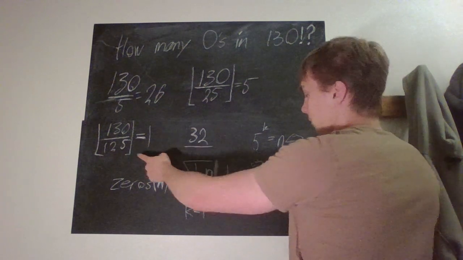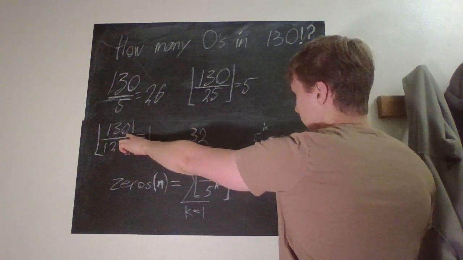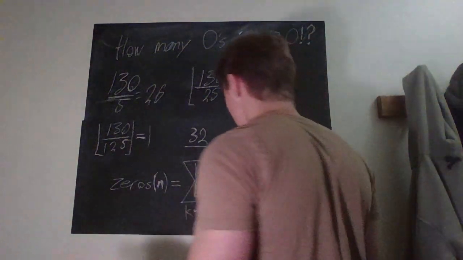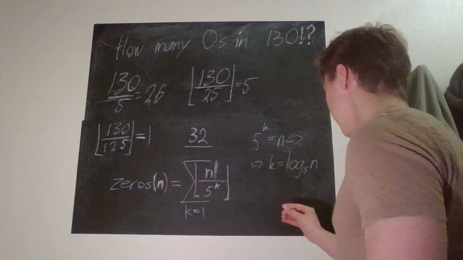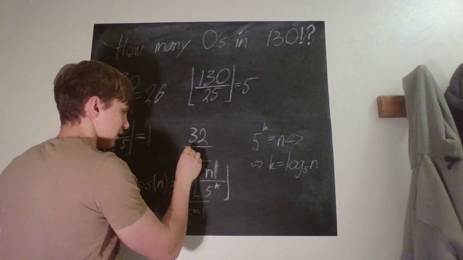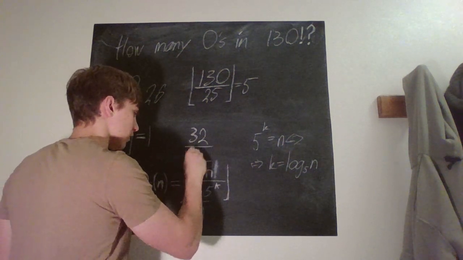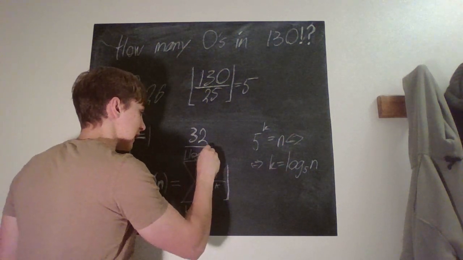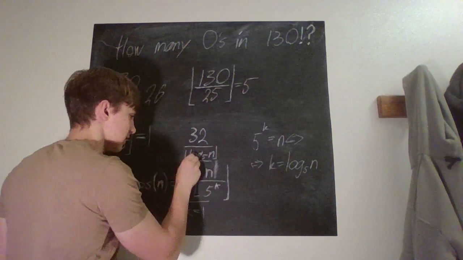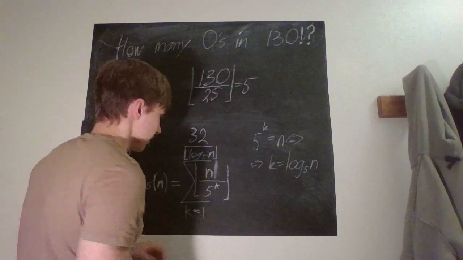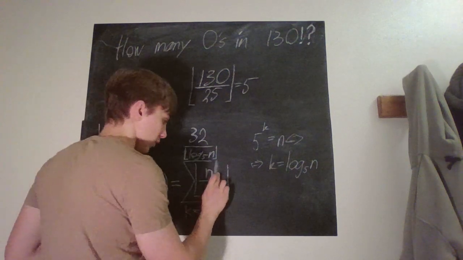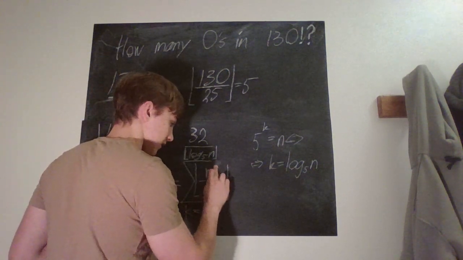We have that n, which is 130, log 5 is obviously 3.1 or something, and therefore we only went up to 3. So k should be the floor of that. So we have the floor of the 5 logarithm of n. I don't think you can see this, but you hear what I'm saying. So this should be our function with no factorial here, just a normal n.